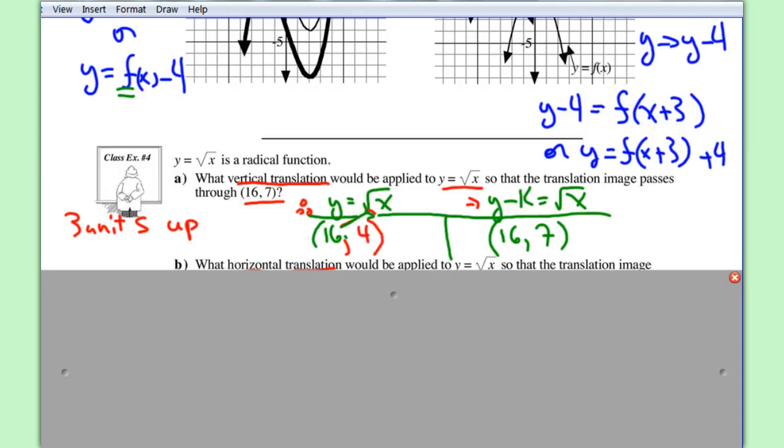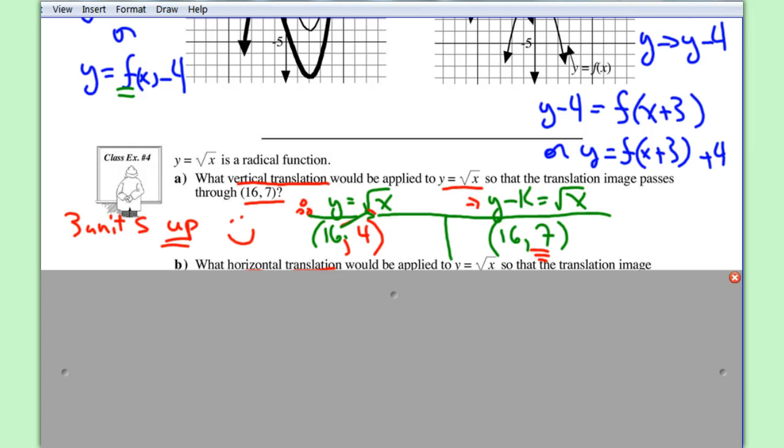But you didn't get 4. When you plug 16 into this new graph, you got 7. So how did that happen? Well, clearly, if 16 gave you 7 instead of 4, what must have happened is this thing must have been moved 3 units up, because 16 doesn't give you 4 like it's supposed to, right? So therefore, what vertical translation? It must be 3 units up.